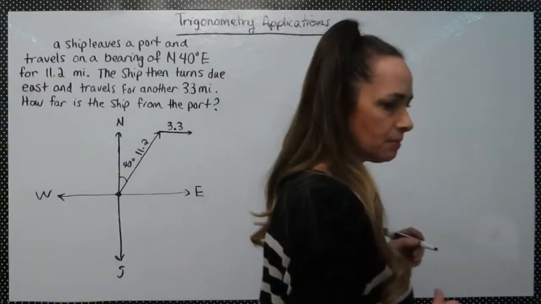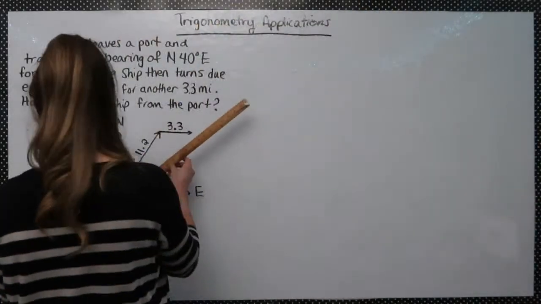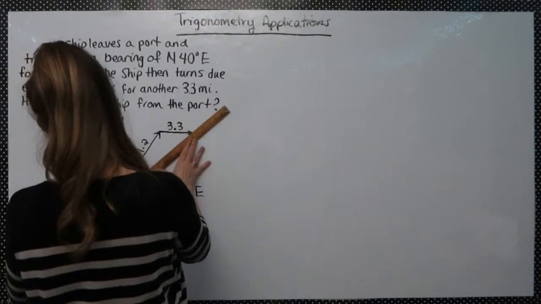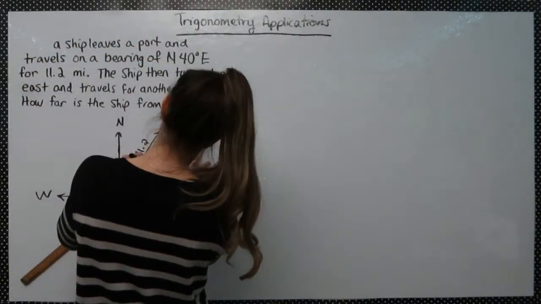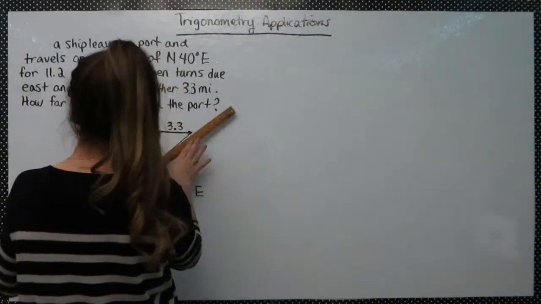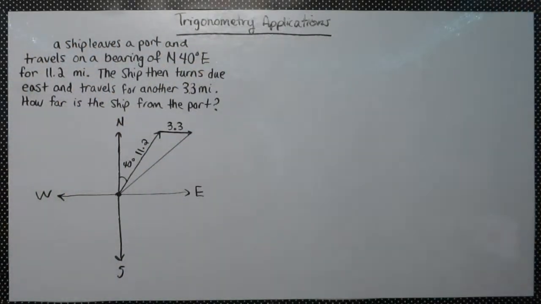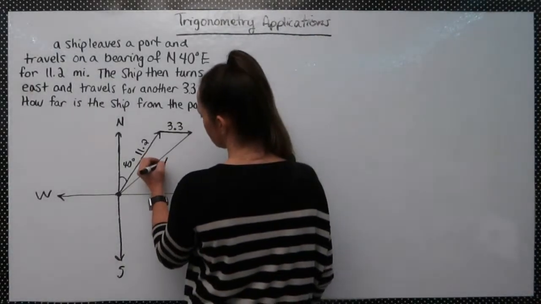Let's see, maybe I should get my ruler. I can probably wing it, but I like to use this thing. So we have this triangle essentially. It's asking for that third leg, the distance from the port. So it's looking for this distance right here. We'll call it X.